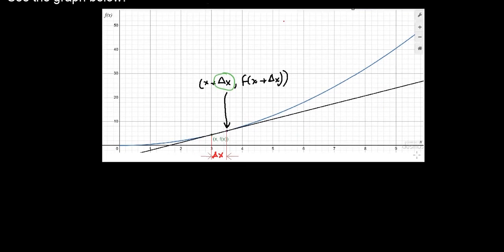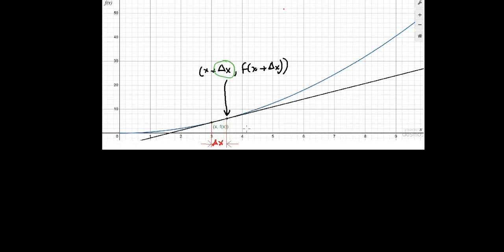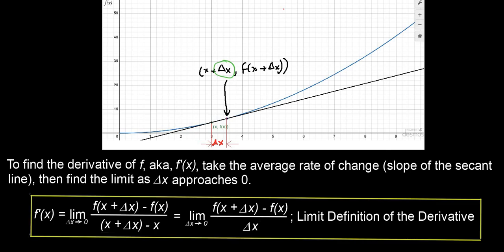So what does that look like? Well, we're saying that the instantaneous rate of change, which is otherwise known as the derivative, at x, and the notation for it is sometimes called f prime of x, that instantaneous rate of change is the average rate of change as the change in x approaches zero.